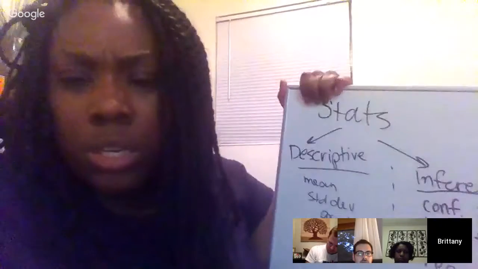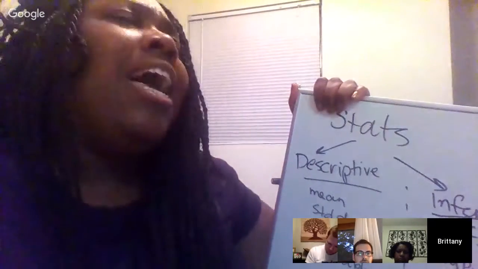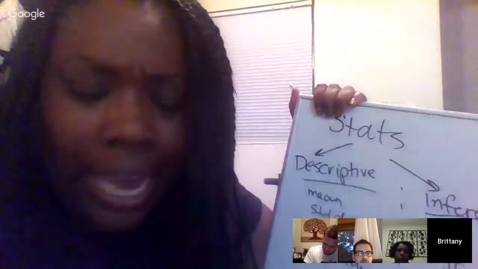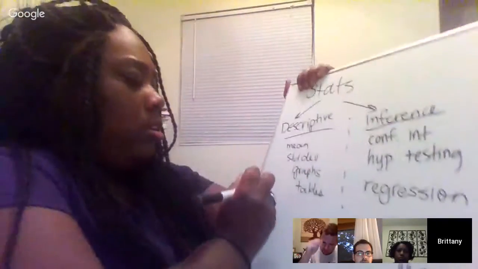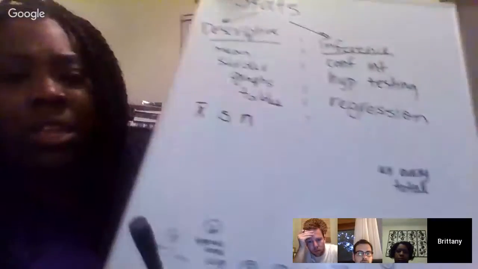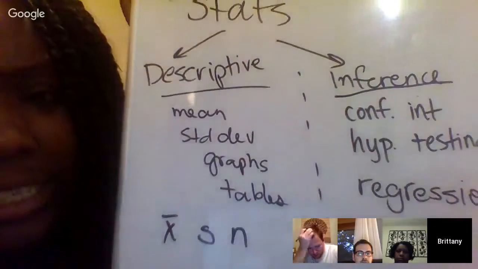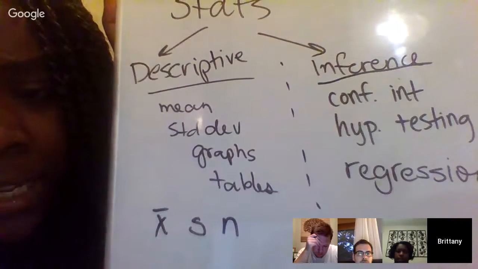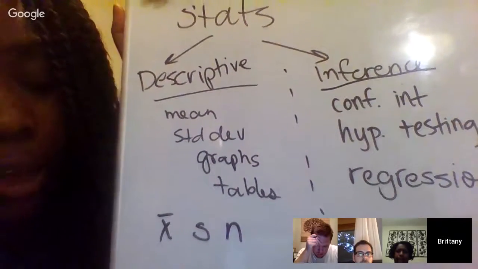Okay, so did Will use these symbols consistently? I think in class, Will stuck to these symbols. I don't think Will used a lot of Greek symbols in class, as I recall. Mostly X bar, S for the standard deviation, N for the size.